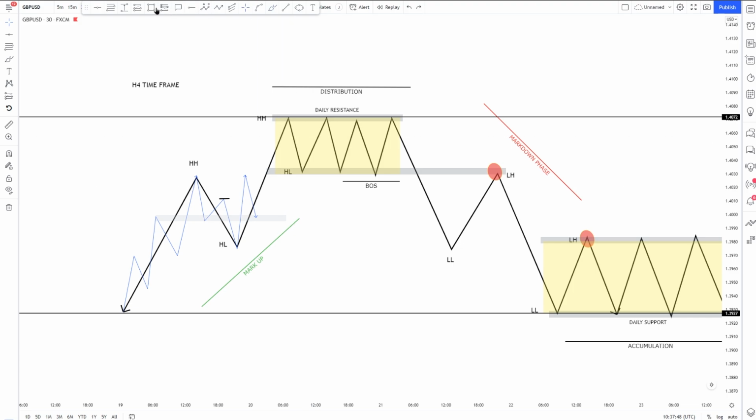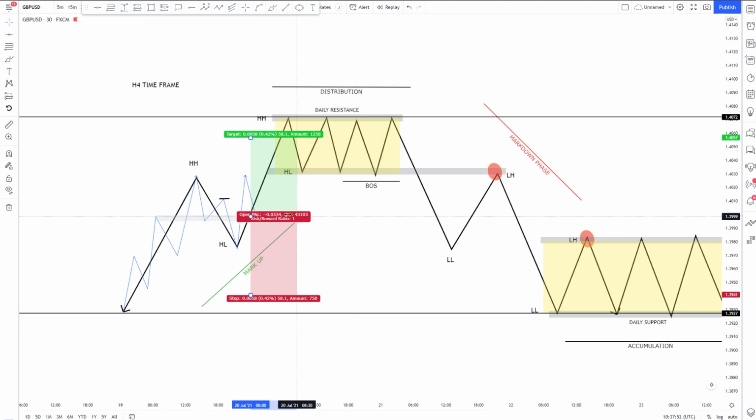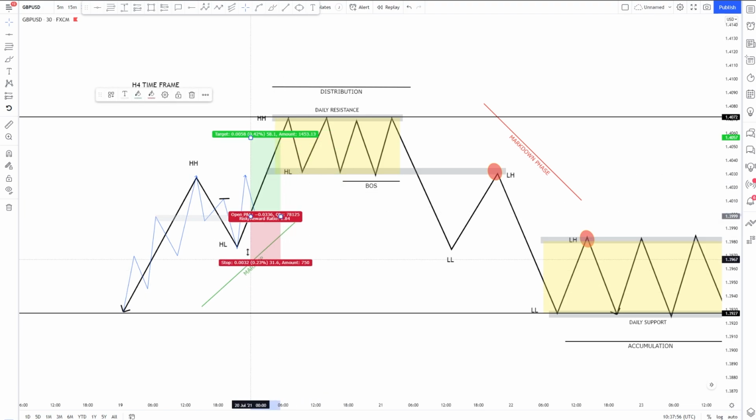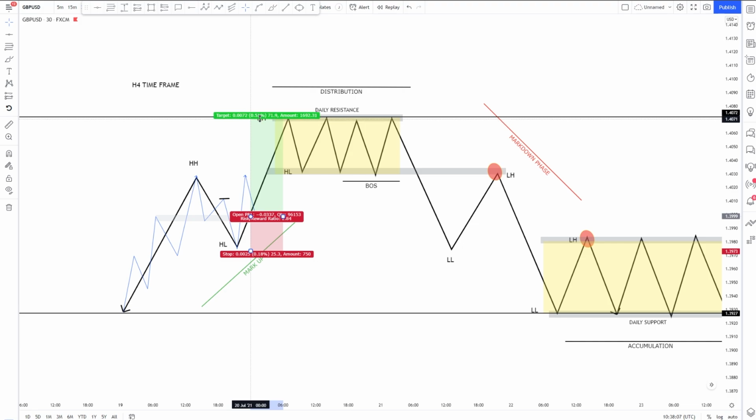So for example, if I put my buy tool right here, it's also going to be easier to limit your risk, because you can simply put your stop loss below the higher low. So your risk is limited. Simple as that. And you can target maybe this daily resistance at the top, this level right here.